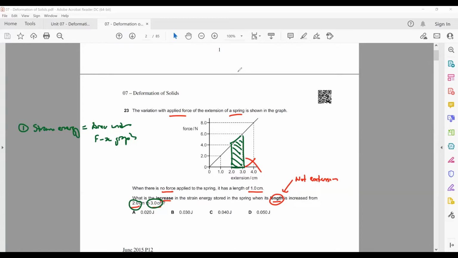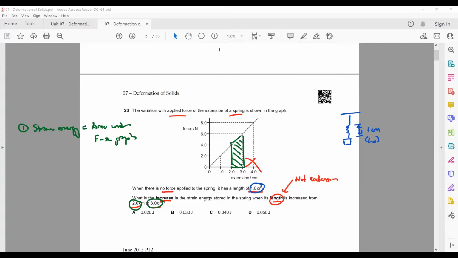What do I mean by that is that right now your spring has a length of 1 centimeter. This is the original length. Let's just say this is L0, okay?